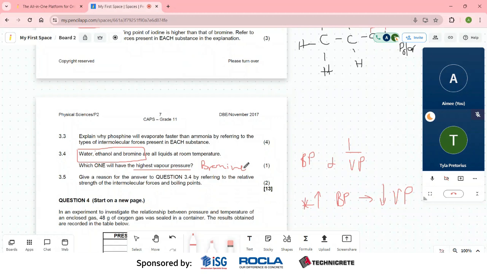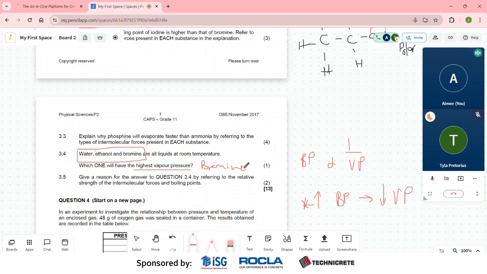Okay, well, the boiling point of bromine is lower than the other two liquids. Therefore, it has weaker intermolecular forces. Okay? If the intermolecular forces are weaker, the vapor pressure will be higher.